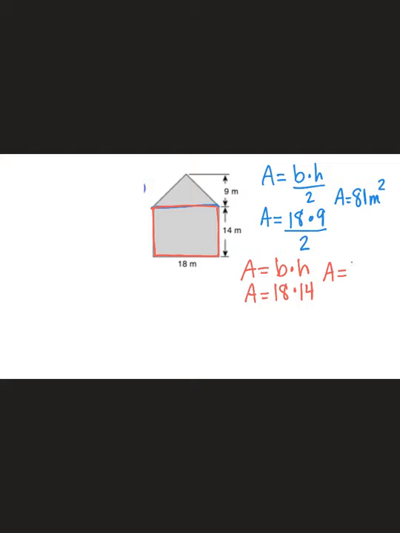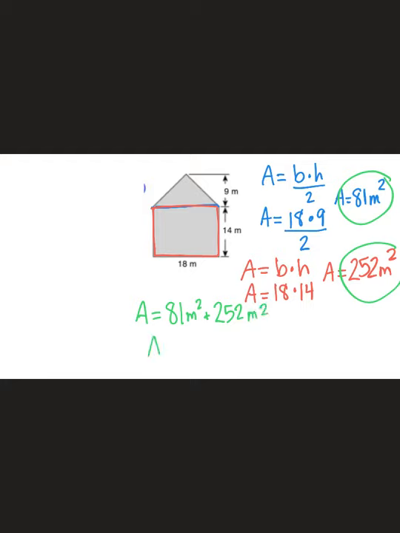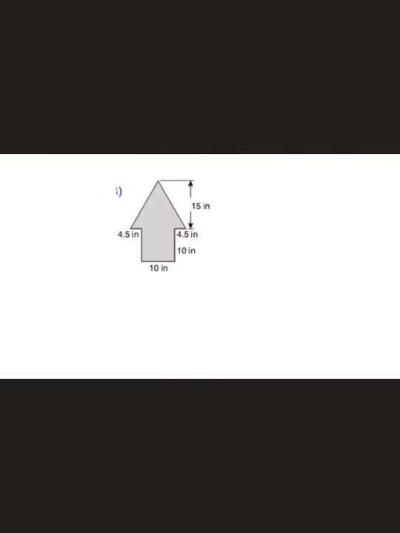You should have 252 meters squared. So now what's the number sentence that I could write to find the total area of the compound figure? I have the area of the triangle and the area of the rectangle. So I know the total area of the compound figure is 81 meters squared plus 252 meters squared. So the total area of the compound figure is 333 meters squared.